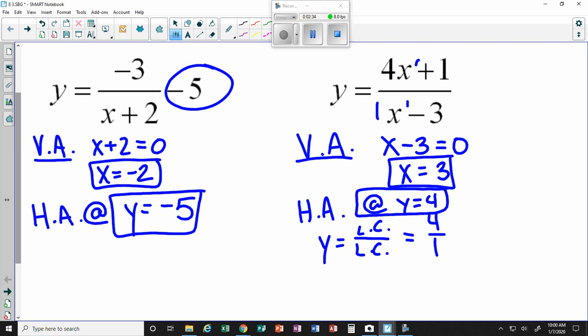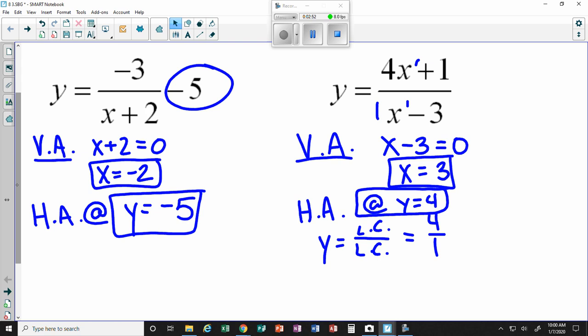So depending upon what form it's in, today we're going to add a third option. So that's how you find vertical: it's the same no matter what, set the denominator equal to 0. For horizontal asymptote, you've got to know which form it's in.